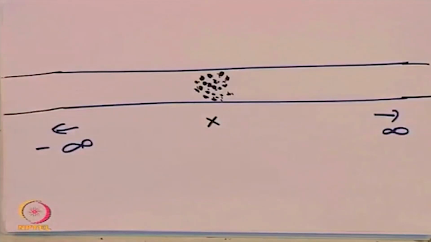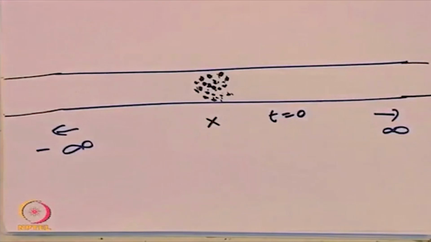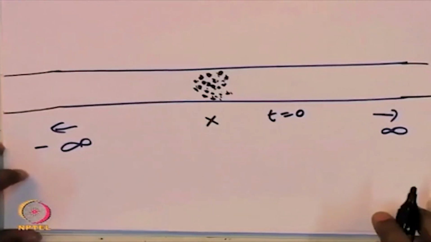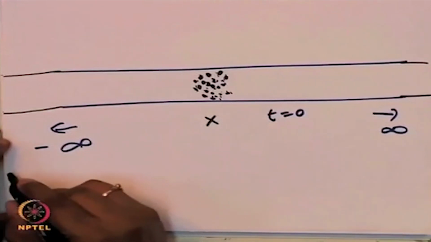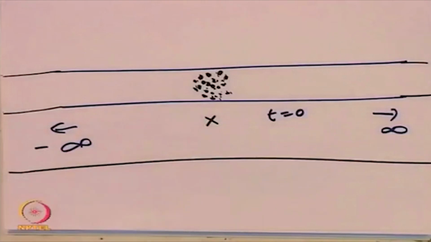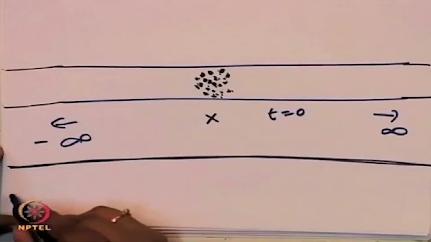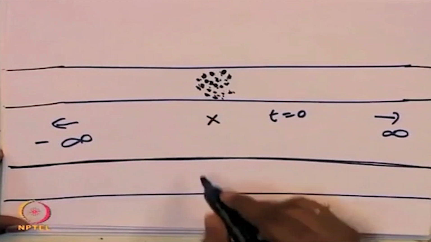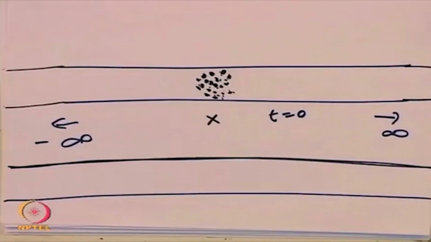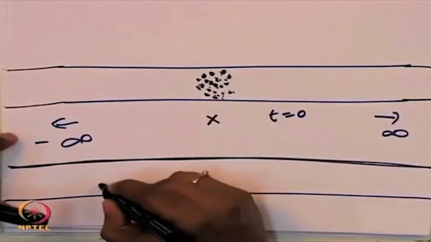Now, what happens after some time? So, this is t equal to 0. Now, if you look after 10 minutes or a few minutes, let us say after 5 minutes, you have this pipe here and this particular point x, and what you would see is that this would have diffused.